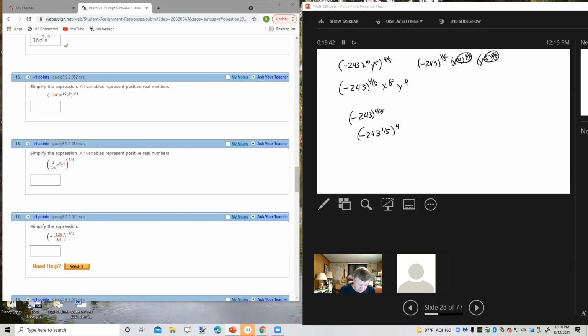Okay, negative 243 to the 1/5 power. That's negative 3. And then that to the 4th power is 81. So I've got 81 x to the 8th, y to the 4th.